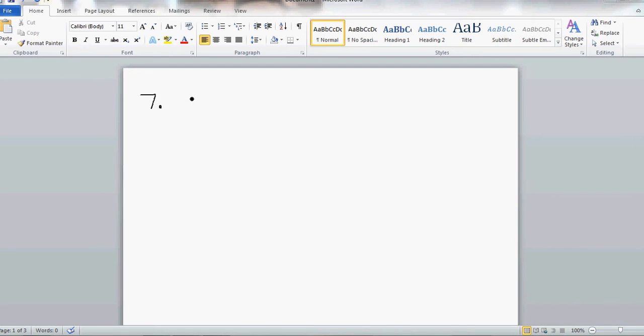Suppose that we know a function is increasing on the interval from 2 to 3. Then we are asking, on what interval is the graph of f of x plus 5 increasing?